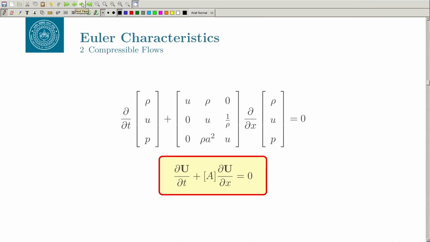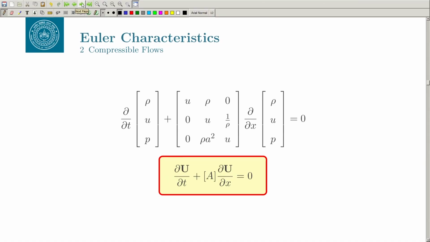So that will give us information. Eigenvalues are an indication of the direction in which the wave is traveling. If the flow is supersonic, all your eigenvalues will be positive, that means all traveling in one direction. If it is subsonic, some may be positive, some may be negative, and then accordingly you have to specify the boundary condition.